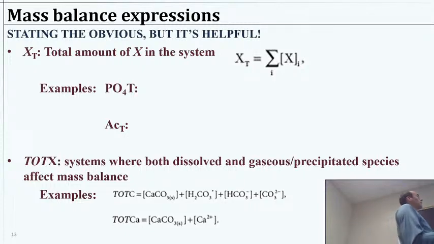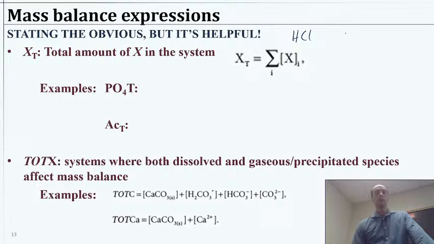Again, this is going to be a little obvious, but hopefully we can give some nuance here. So Xt would be a way to describe the total amount of X in a system, and we can simply describe that as, well, we have different species that X can occupy. The simple example we've already said was HCl and Cl minus.